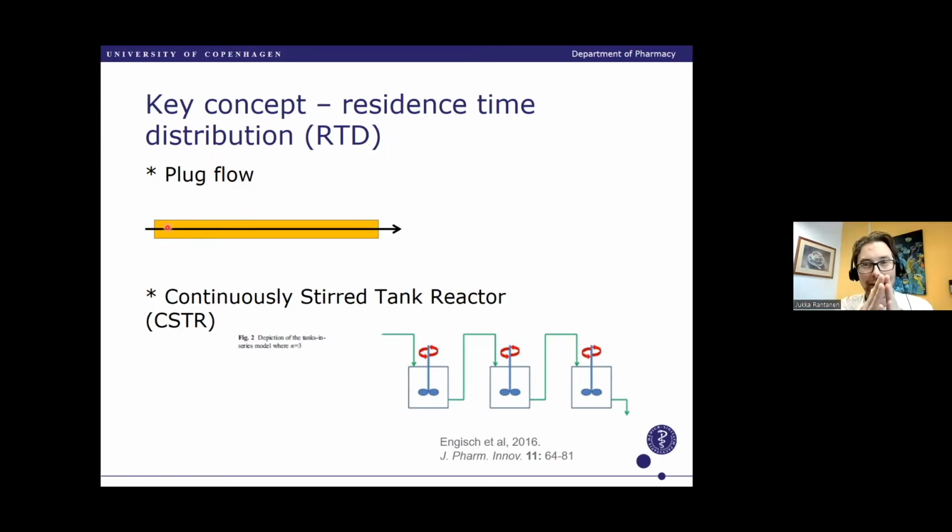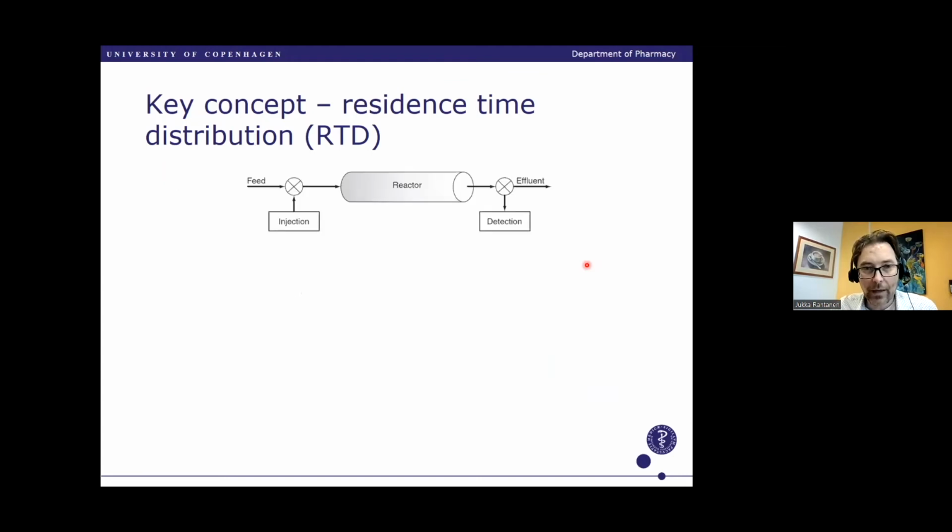But in real life, there will be distribution of material, and that can be theoretically handled by using continuously stirred tank reactor thinking. So we basically imagine that the moving of material is like smaller reactors. These are imaginary reactors that are connected to each other, and the material is moving through them. Depending on the number of these reactors, that describes how much the material is spreading in this production geometry. And this maybe becomes more visual with a few examples.